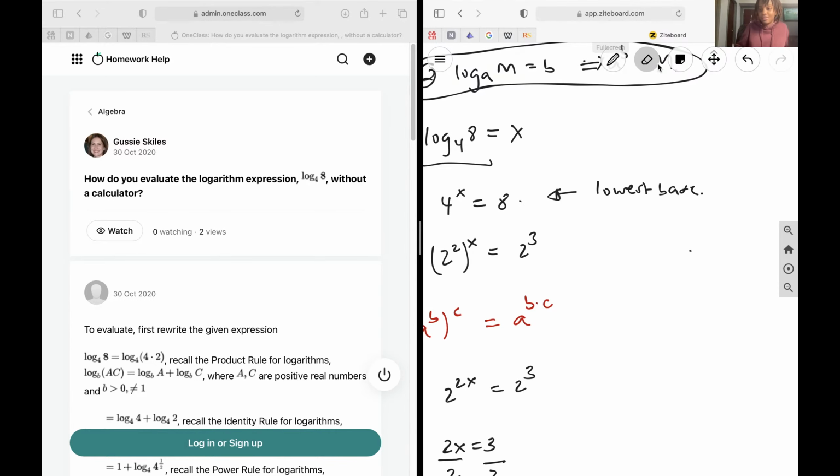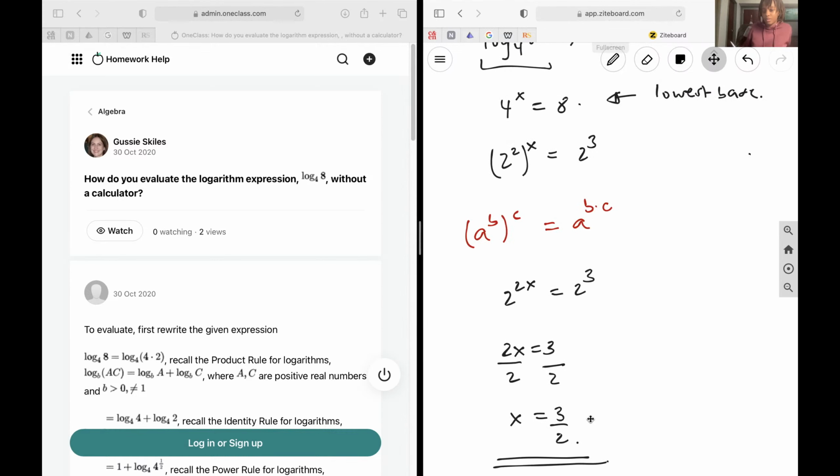The best method to use is this one. It's straightforward, just put it to the lowest base, and then now that you have both bases equal, I can only deal with the exponents and set them as equal to each other and solve for x.